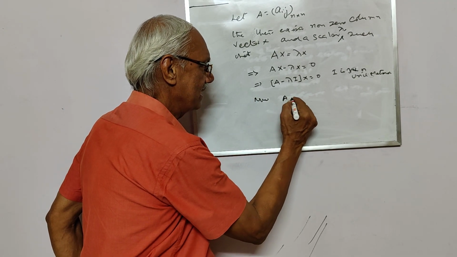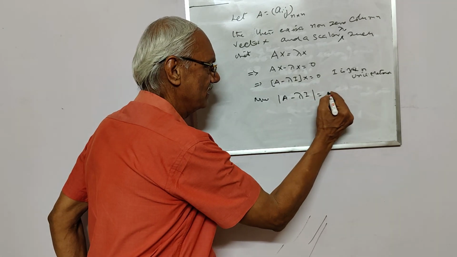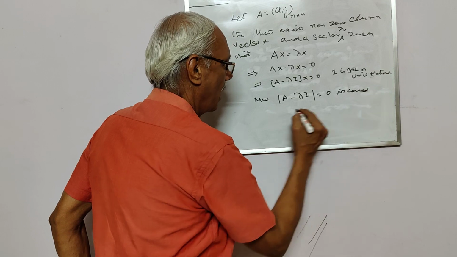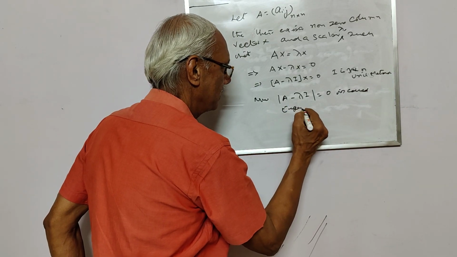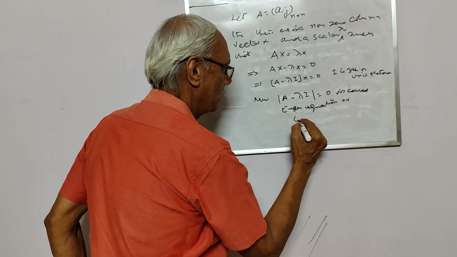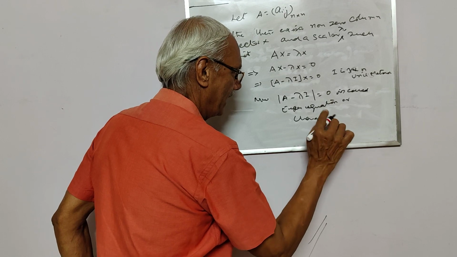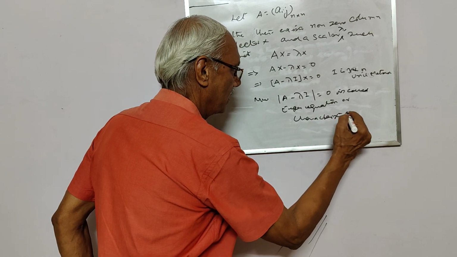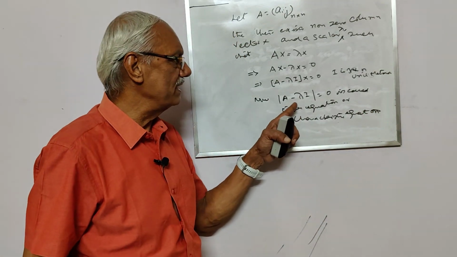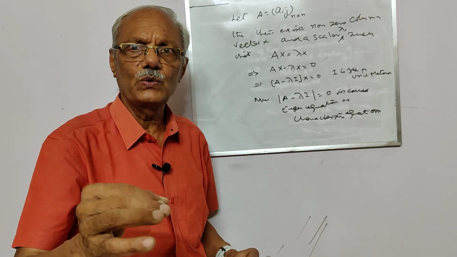Now the modulus of A minus lambda I, the determinant of this, equal to 0 is called the eigen equation or characteristic equation.